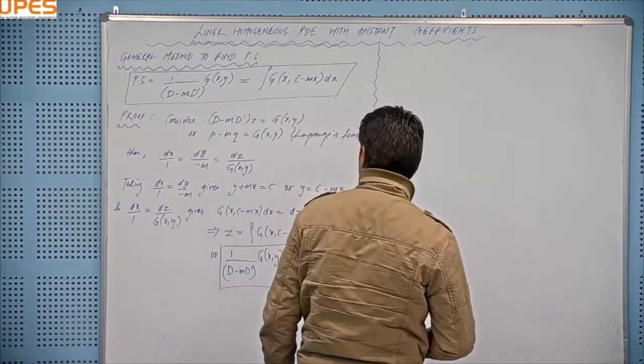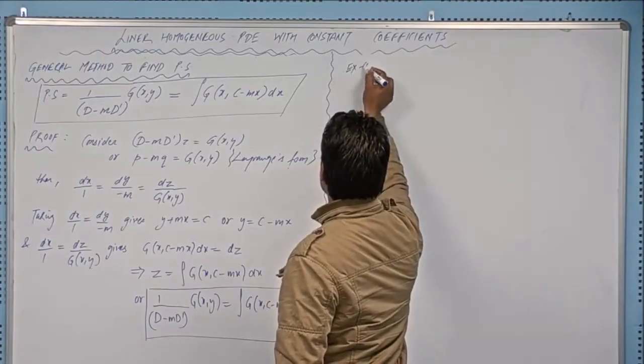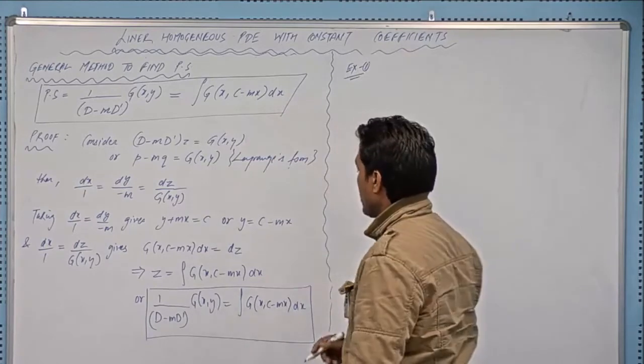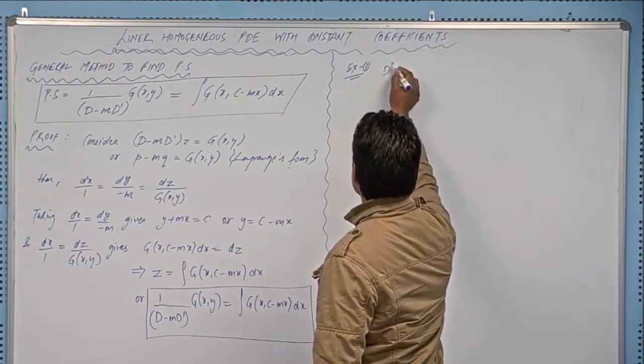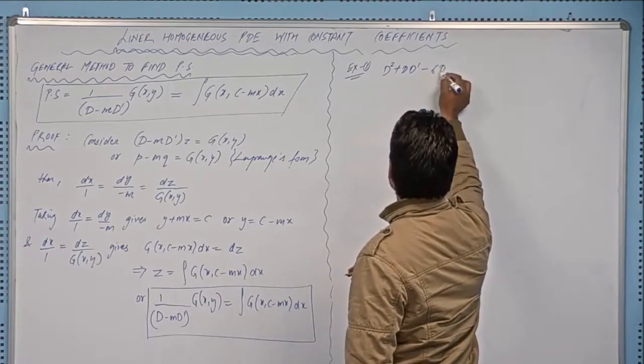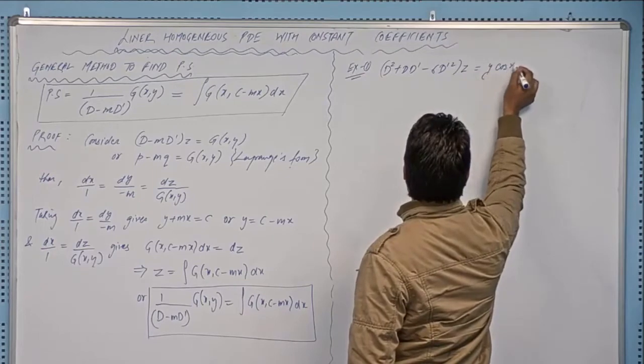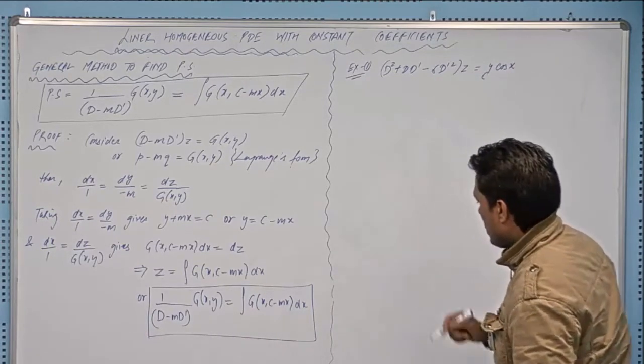Taking a numerical of it. First example number 1, based on this general method: (D square plus D dash minus 6D dash square) z equal to y cos x, right?